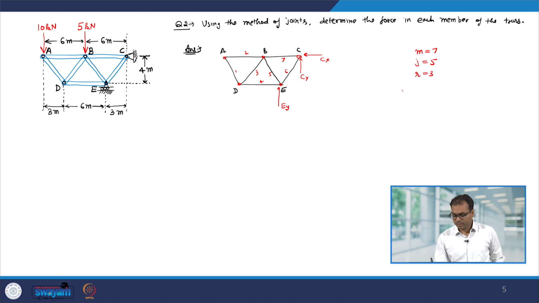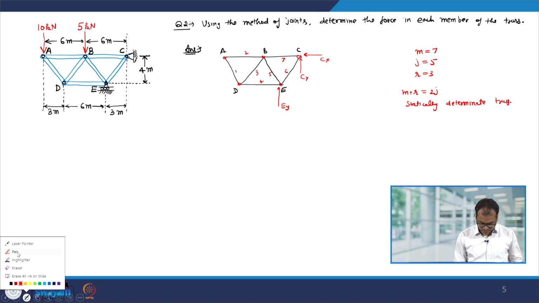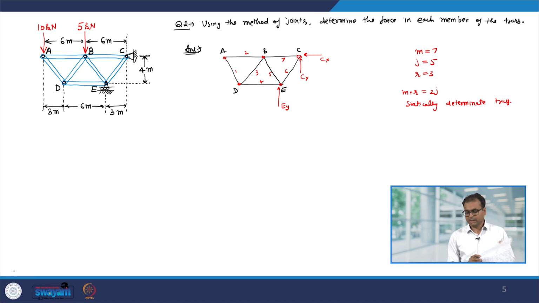So, again we see that m plus r is equal to 2j. That means this truss is again statically determinate. Now, to analyze as we did earlier, let us consider the free body diagram of the entire truss.